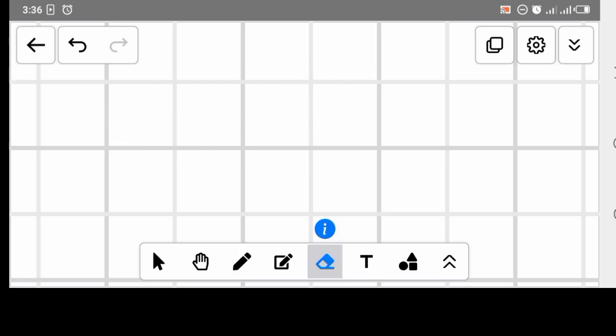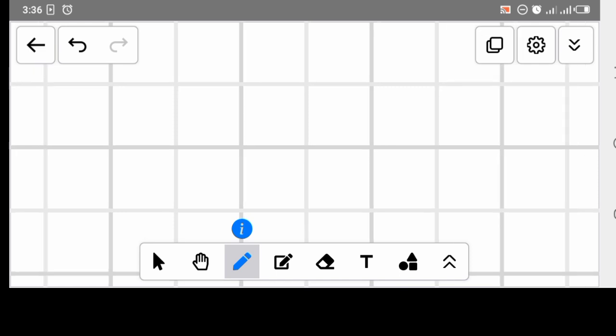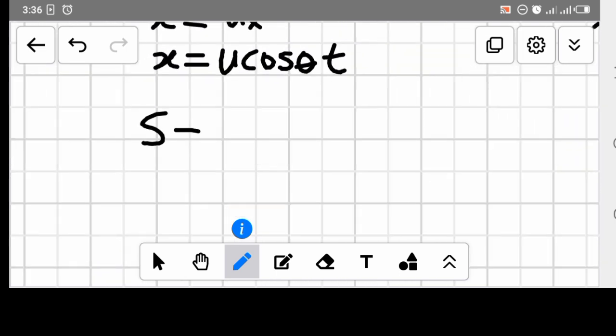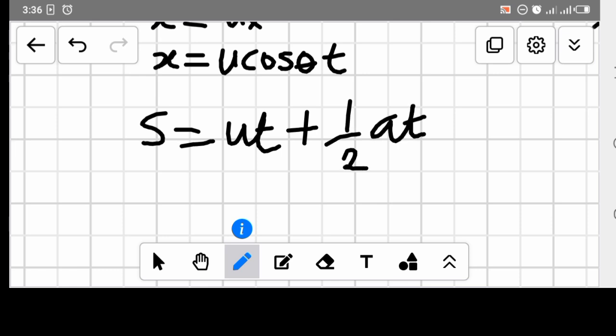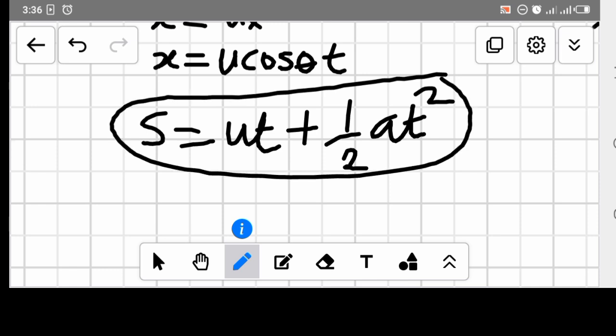You are familiar with this equation: s equals ut plus half at squared. This equation is what we are going to use to derive the path along the vertical axis.